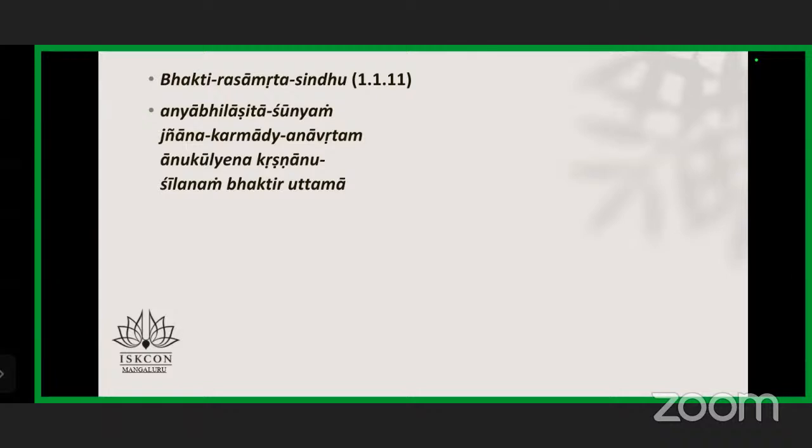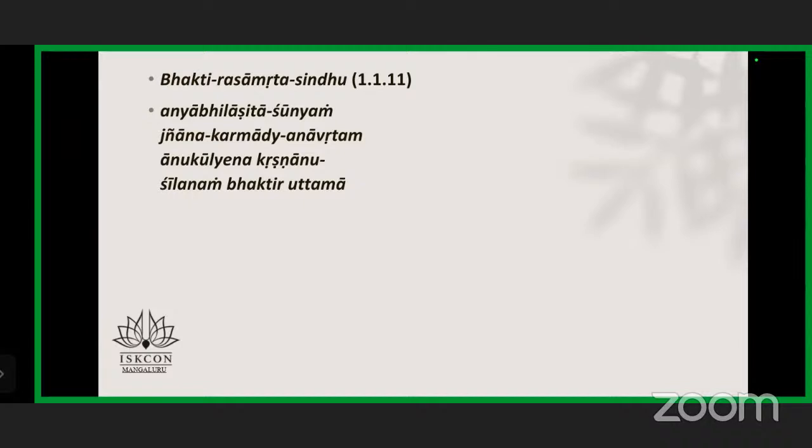So for siddhis, they want some kind of siddhis, right? In dhyana yoga, they meditate on the Lord and get some siddhis. But that's not the motivation of the devotee to do devotional service. Nor siddhi, bhukti, or mukti, right?